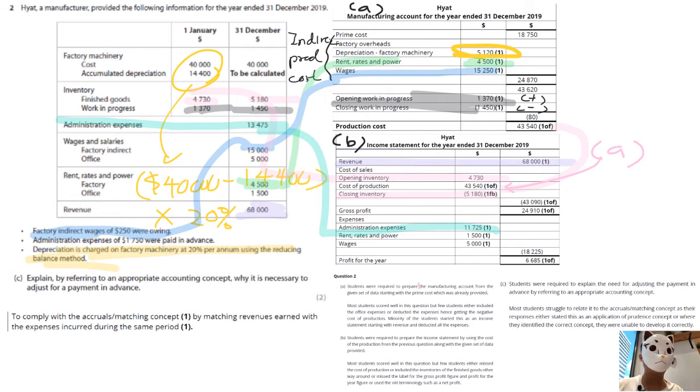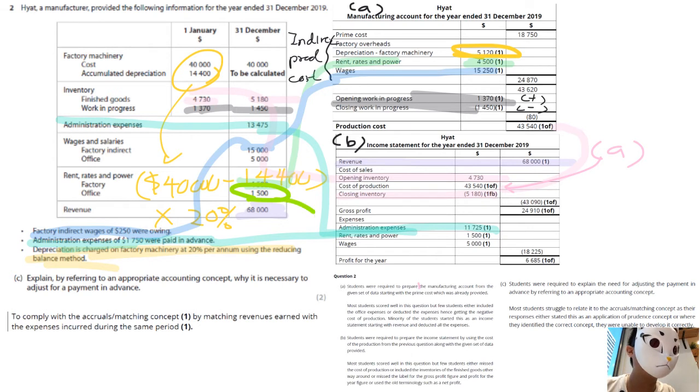There are adjustments that you need to do. That is, there is a prepayment stated. So remember that you need to deduct the prepayment. Now for the rent, this 1,500, you can grab it here. This one's quite easy. And then for the wages, we only do the office one. Then you can grab the profit for the year.